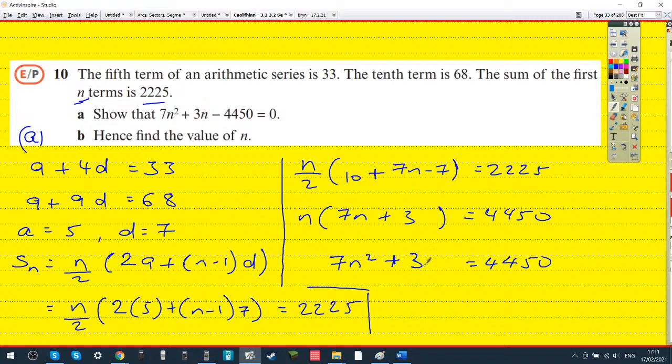That was plus 3n, and then you bring it over. So we had to do simultaneous equations to find a and d, and then we sub a and d and 2,225 into the formula, and B.